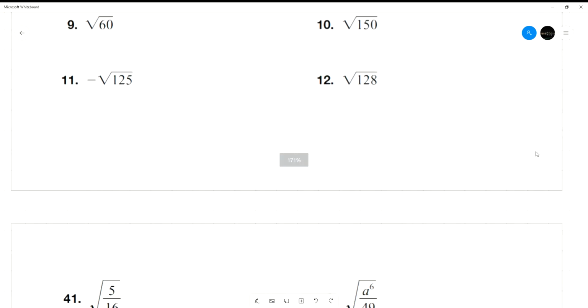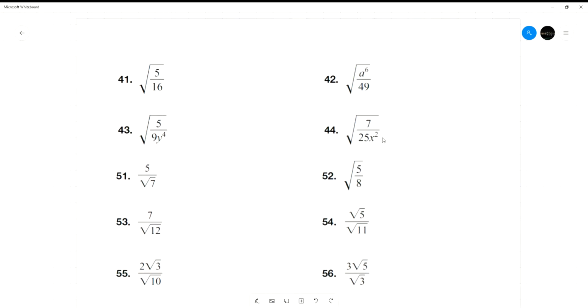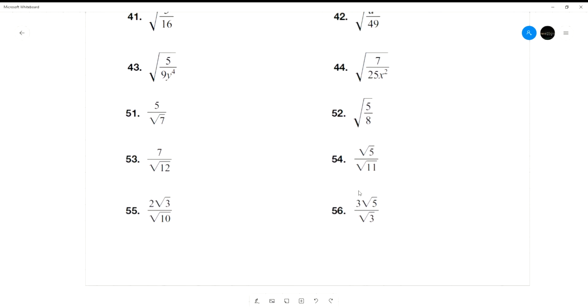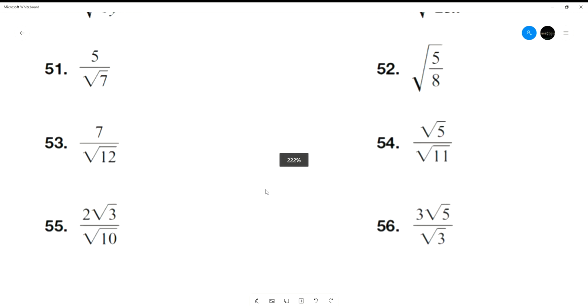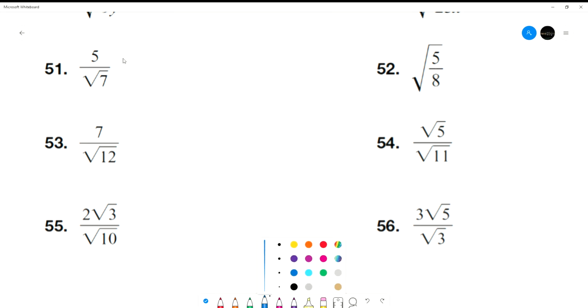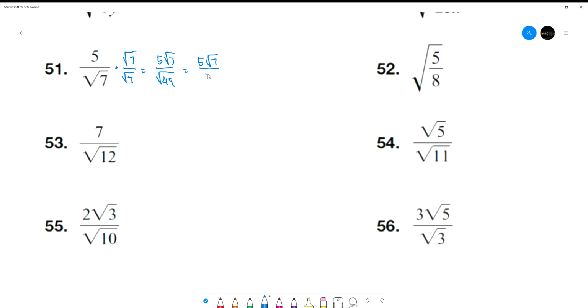Alright, I think the ones that gave us the most trouble were down here. So let's just practice these 6 and then we'll be done. Alright, the first one, we have to multiply by radical 7 over radical 7 to get 5 radical 7 over radical 49, which is 5 radical 7 over 7.